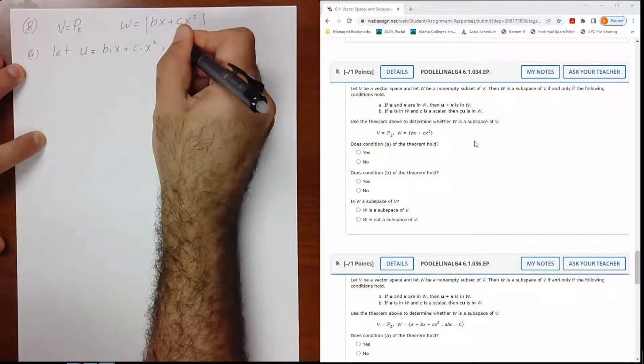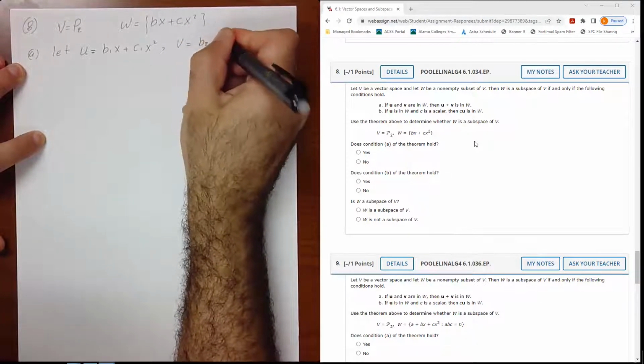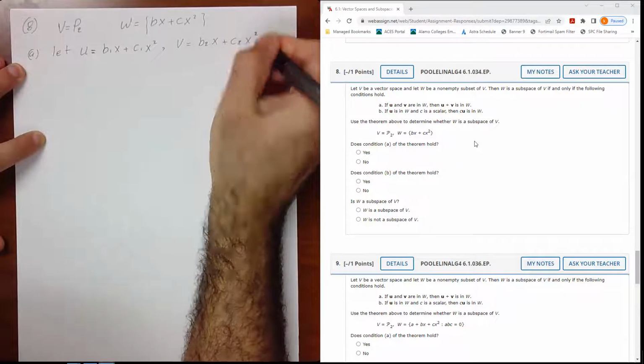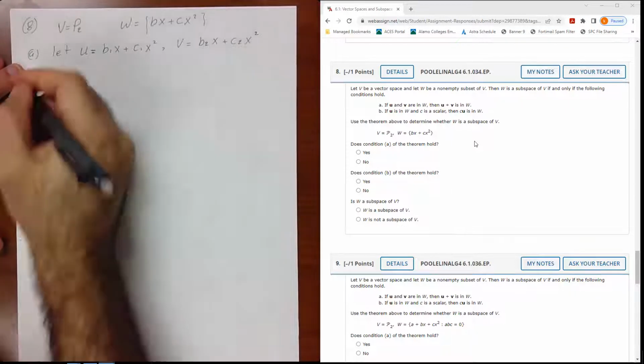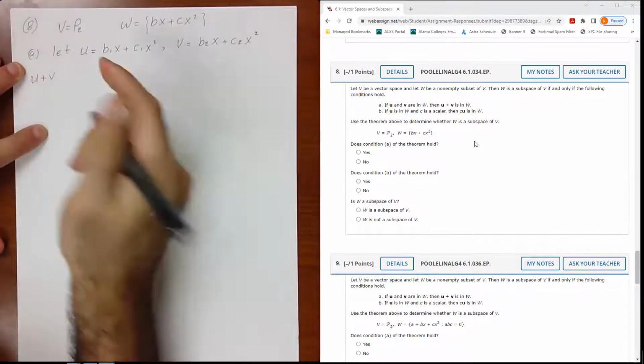And I'm going to let V equal B2x plus C2x squared. Now I need to find U plus V belongs to W.